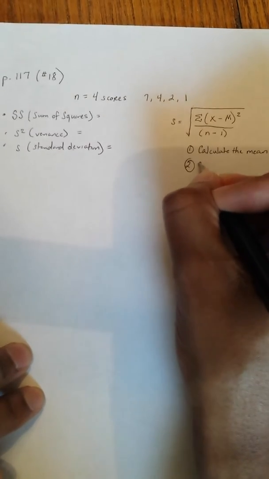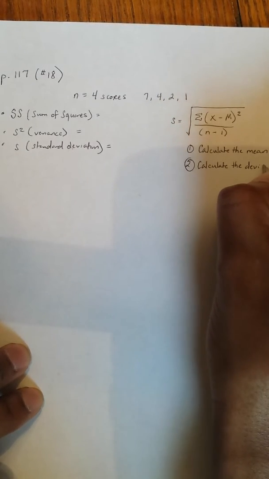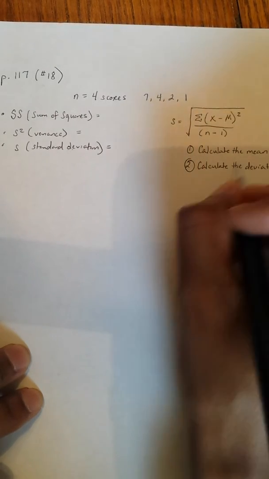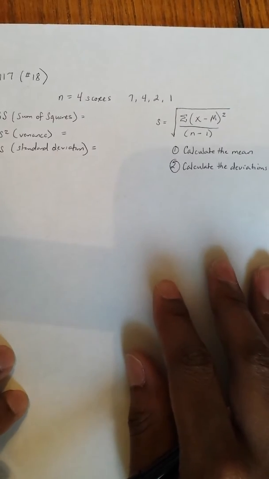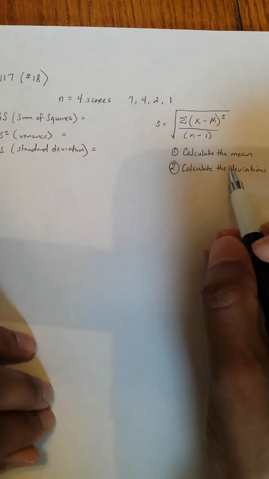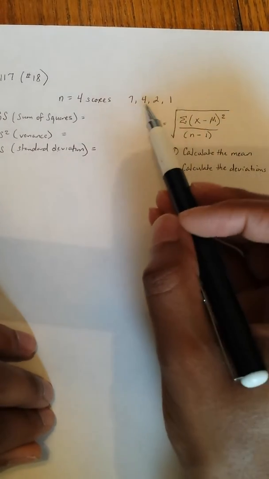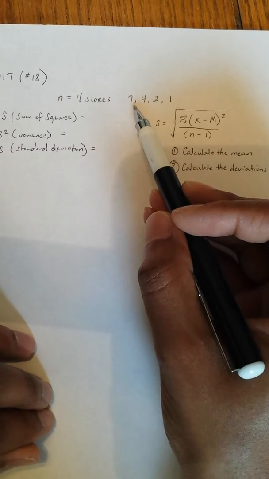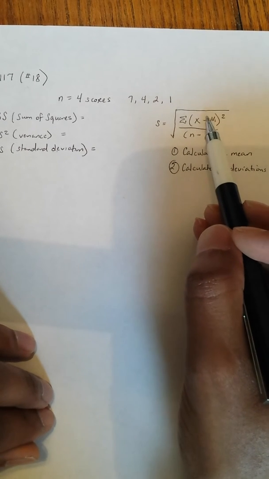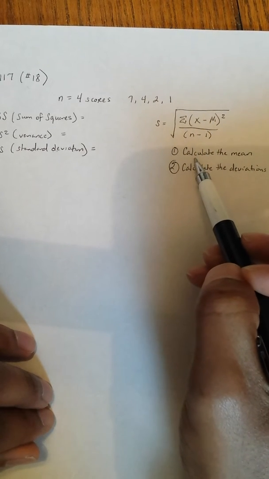Then afterwards, you're going to calculate the deviations. So deviations speak to something differing from something. So we're calculating deviations. In particular, we're going to find out how far each one of these raw scores are from the sample mean that we're going to calculate in step 1.